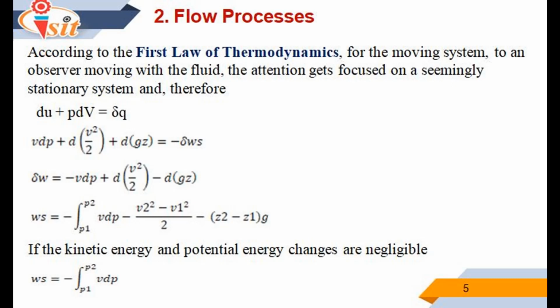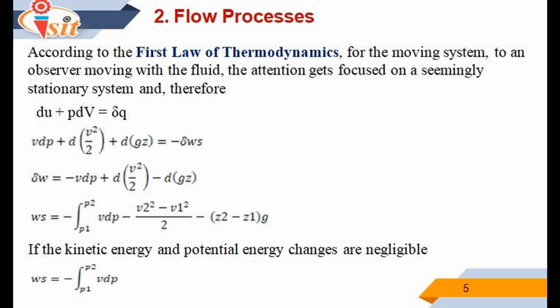Then Ws = -∫P1 to P2 VdP - (V2² - V1²)/2 - (Z2 - Z1)g. If the kinetic energy and potential energy changes are negligible, then the equation becomes Ws = -∫P1 to P2 VdP.